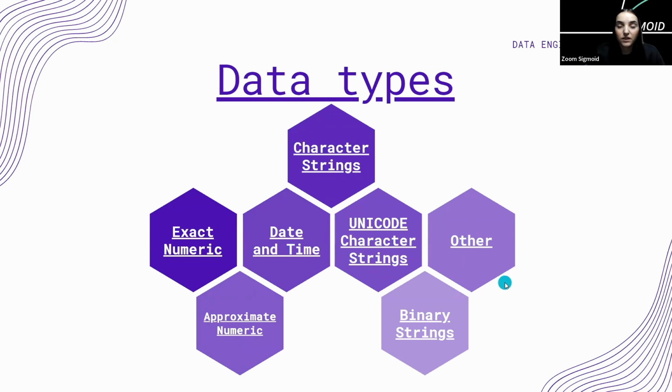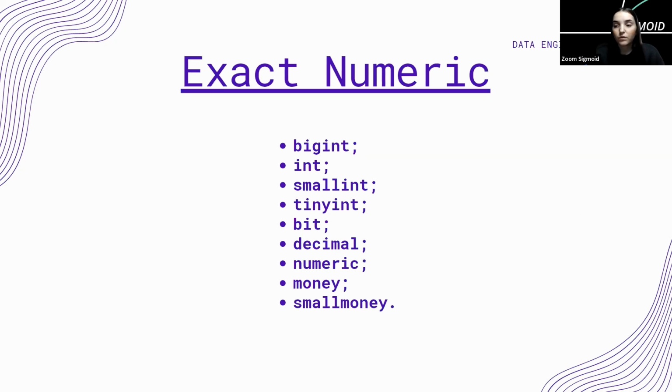Now let's see each one in part to understand this information much better. So exact numeric are data types that store exact numerics such as integer, decimal, or monetary amounts. Some examples are bigint, int, smallint, tinyint, bit, decimal, numeric, money, and smallmoney.